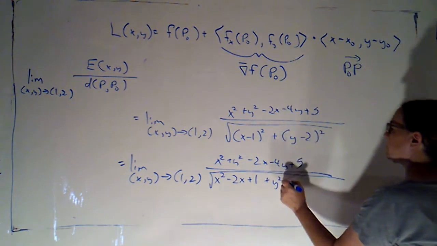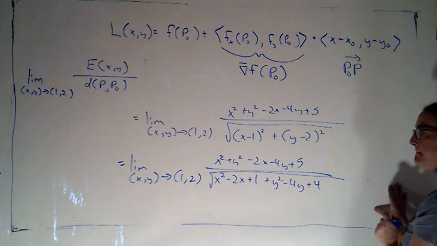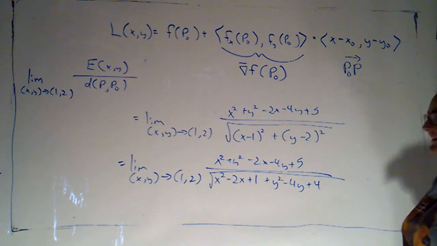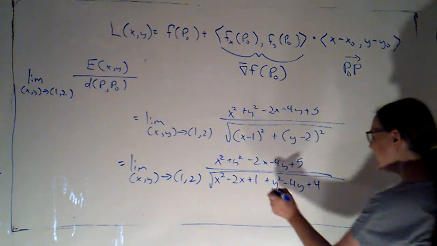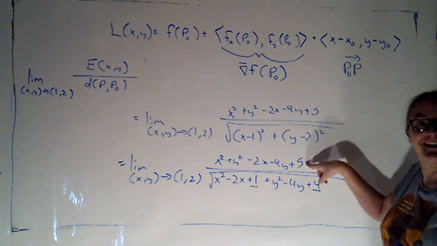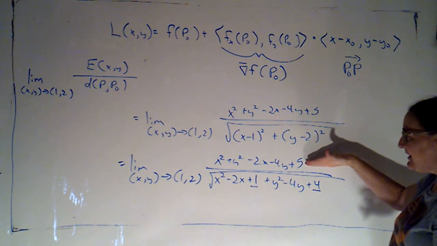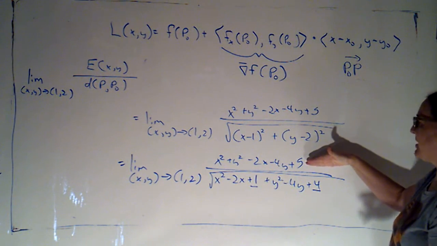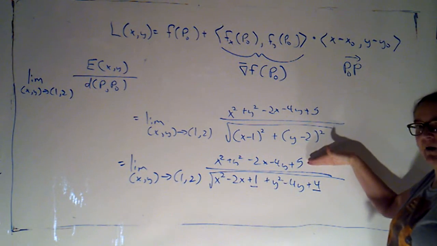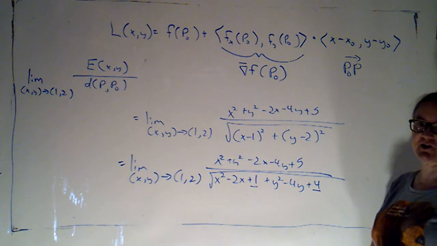This is going to be y squared minus 4y plus 4. Oh my goodness, this is lovely, because 1 plus 4 is 5. So now I have on top x squared plus y squared minus 2x minus 4y plus 5, and on bottom I have the square root of exactly that same expression.